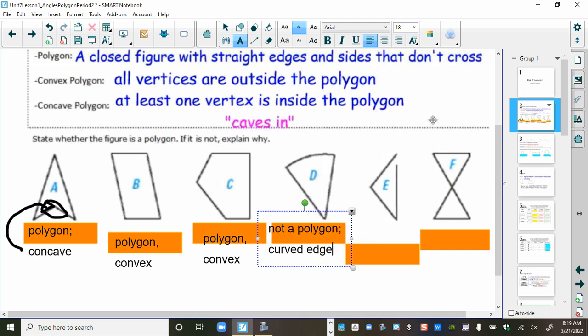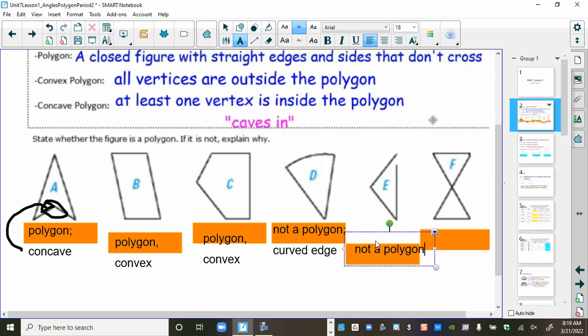So pizza slices are technically not polygons, unless you make them square ones, rectangular ones. What about E? Polygon or not a polygon? Well, is that figure totally enclosed? Yes or no? No. It was not a polygon. Open edge.